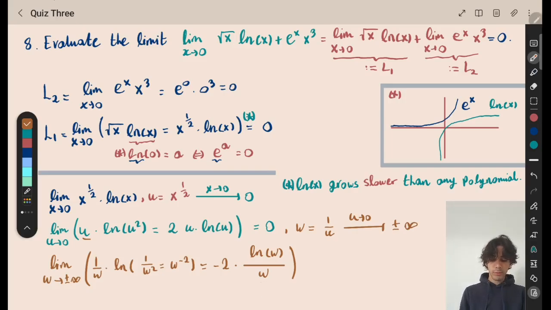And if that is the case, then the denominator blows up into a very big value. And if you are dividing the small number by a very big value, then you get 0. So you should get minus 2 times 0, which is 0.